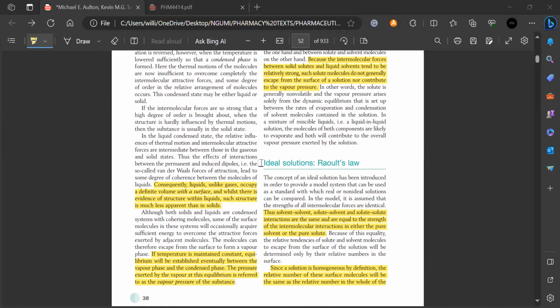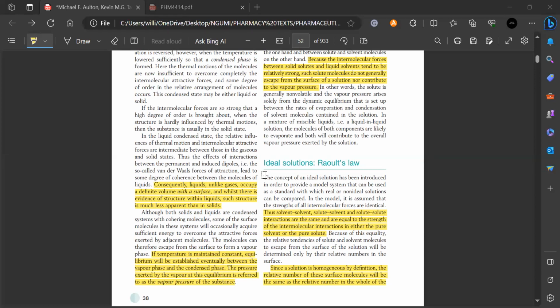So the second thing we'll be looking at is ideal solutions and non-ideal solutions generally. The concept of an ideal solution was introduced so that it can act as the standard when we're comparing it to non-ideal solutions, because ideal in all aspects of life is almost impossible.